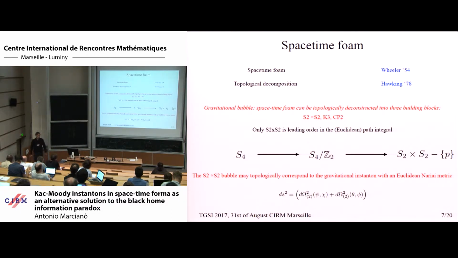Hawking was proposing that space-time foam can be decomposed essentially in three main topologies: SU2 cross SU2, K3, and CP2. They refer to this SU2 cross SU2 as a virtual pair of black hole, anti-black hole, or if you want, white hole, from a quantum perspective.